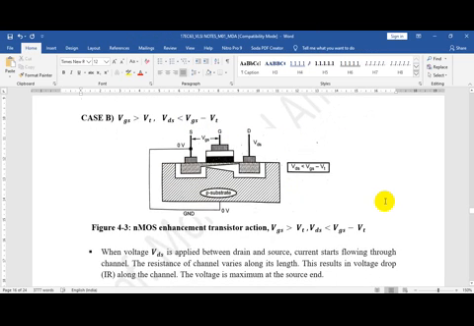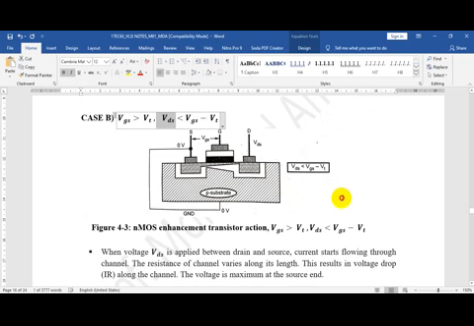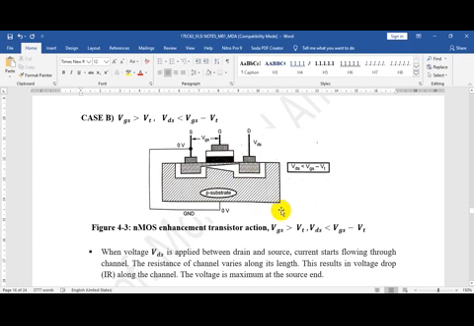Now what happens in this case? First, because of the potential difference, because you have applied a positive voltage, there is conduction of current. The current starts flowing from drain to source. The channel resistance also varies across the length, because of which there will be a voltage drop across the channel.